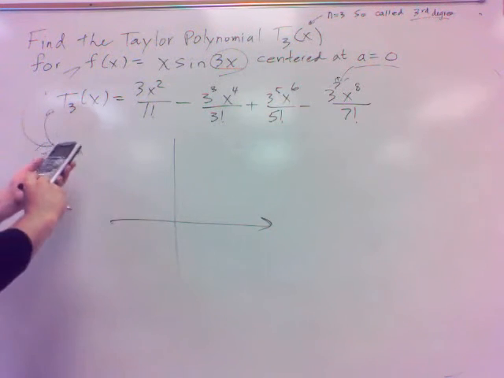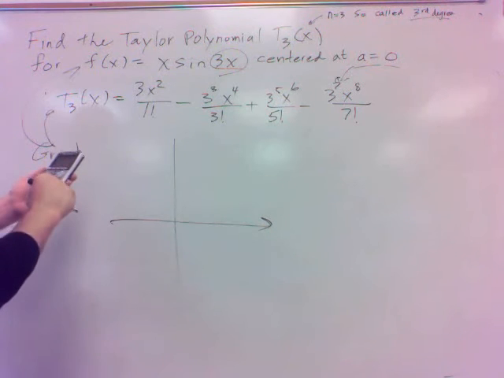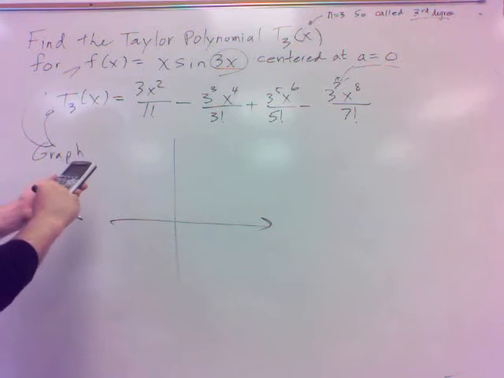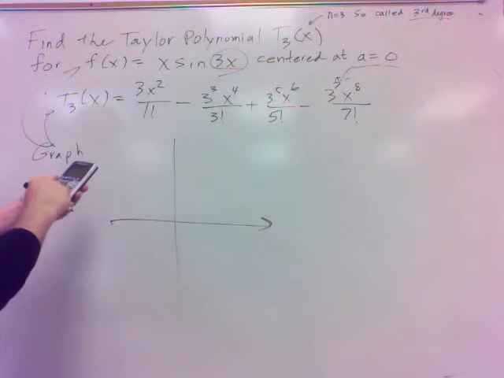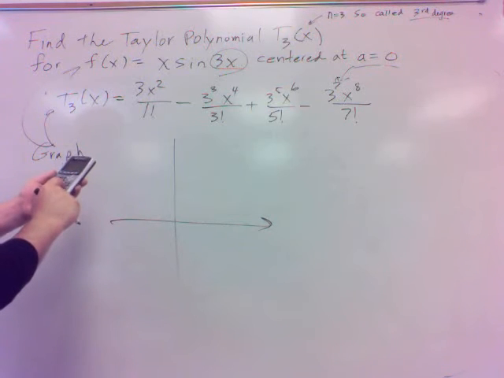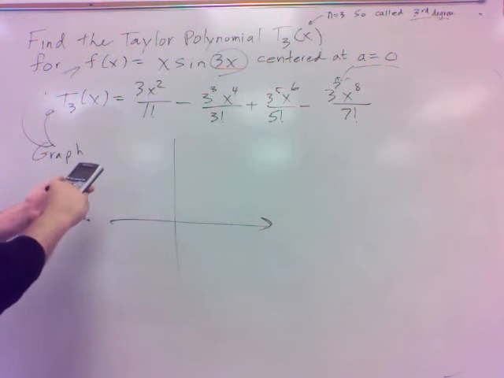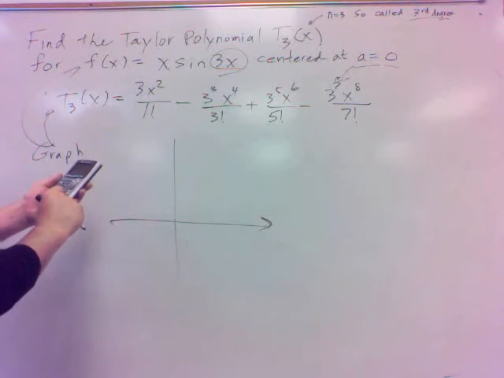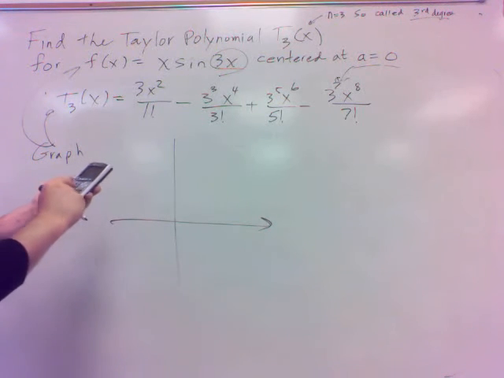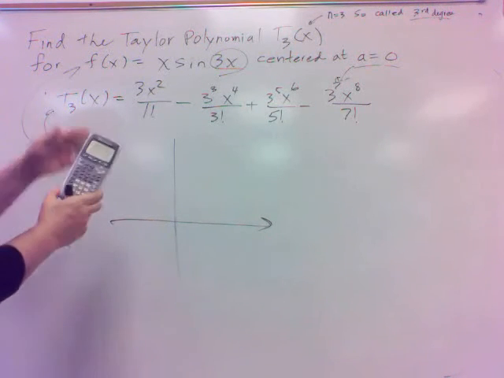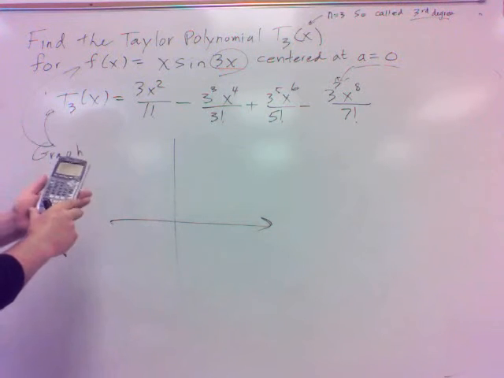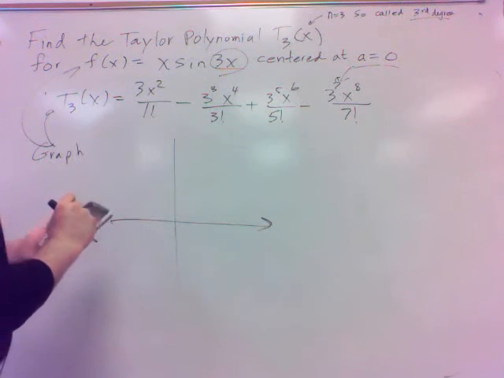Second one, 3x squared over 1 minus 3 cubed x to the 4th over 3 factorial, which is 6, plus 3 to the 5th x to the 6th over 5 factorial, which is 120.